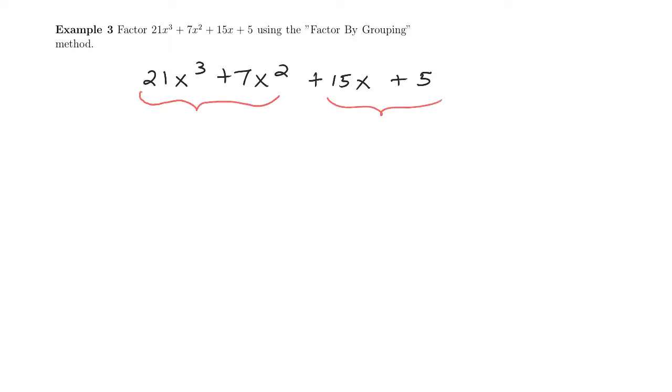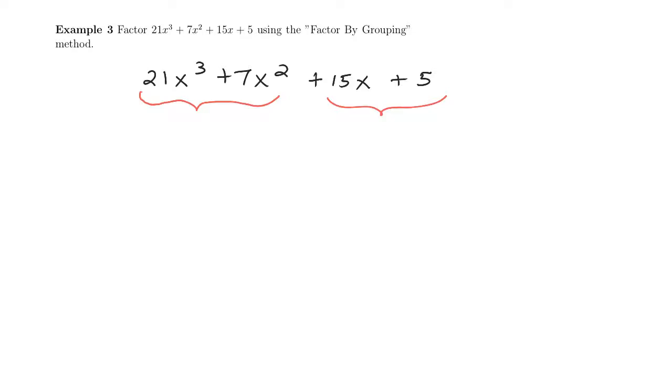So, just being a little bit more careful. We have 21x cubed plus 7x squared, and then we also have this plus 15x plus 5. So the term factor by grouping means you're going to group the terms that appear within your expression.